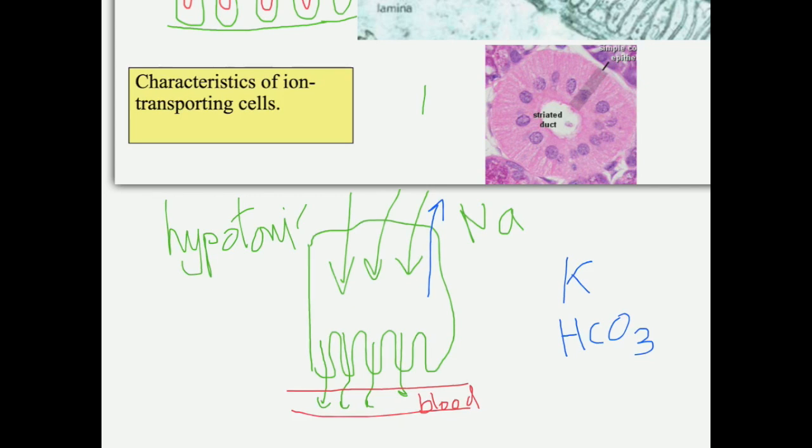So this is the secretory function of this cell, which is the secretion of potassium and bicarbonate and absorption of sodium. And this basal infolding helps the rapid release of this sodium to the blood so that it can absorb more sodium again.